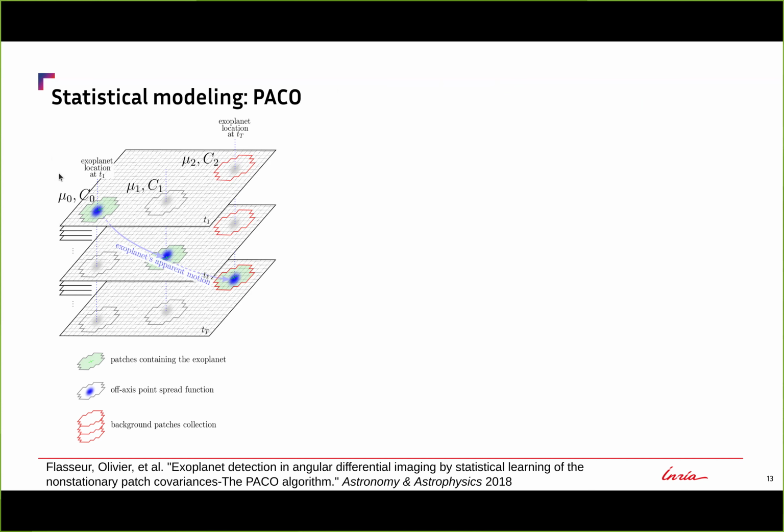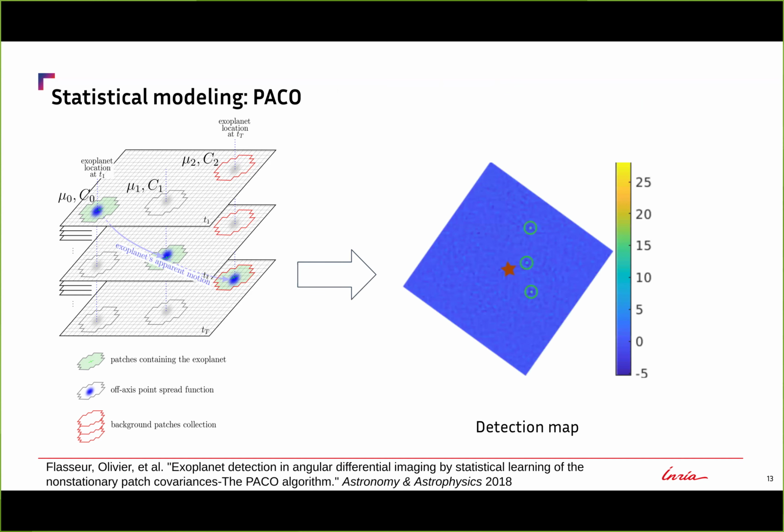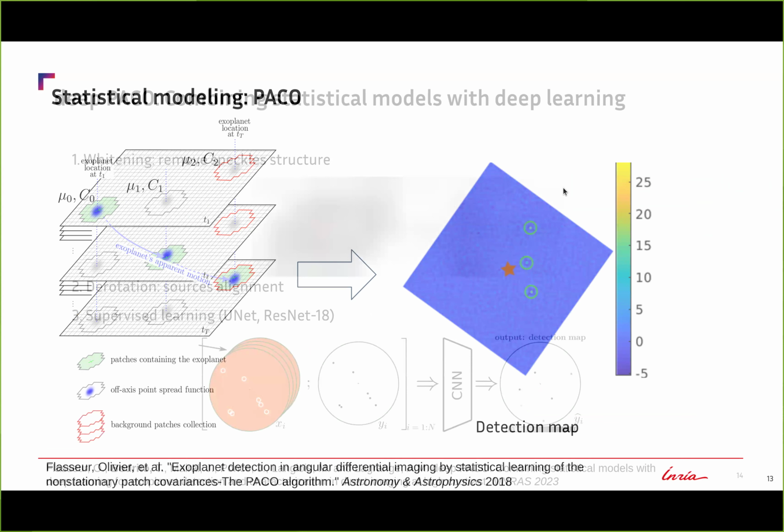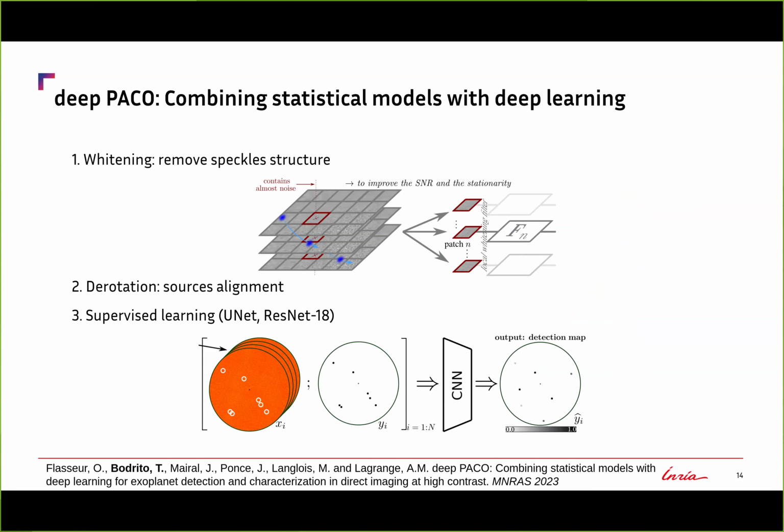And then once you have this model for each of the patches, you can combine all of these local models and derive a global detection map. So here you can see synthetic exoplanets that are injected in the observation. And when there is an exoplanet, the SNR, the signal to noise ratio, is higher, and that's how you detect exoplanets.